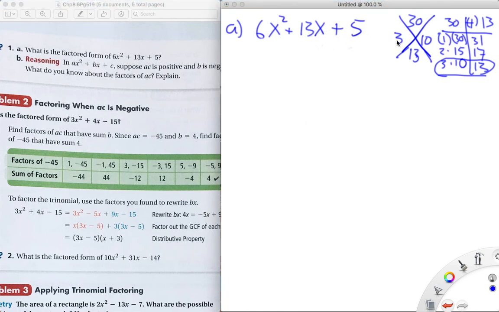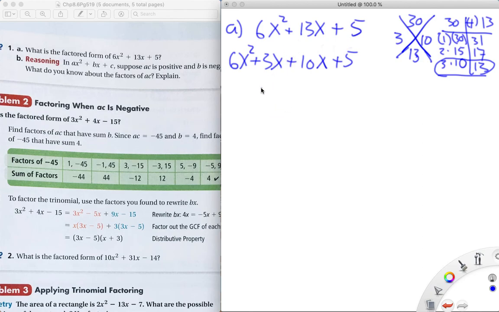Now that we have our factors 3 and 10, we can rename this expression and call it 6x squared plus 3x plus 10x plus 5, right? 3 plus 10 equals 13. 13x, 3x plus 10x equals 13x. So we just renamed that 13x to the two factors that we found using the diamond method.